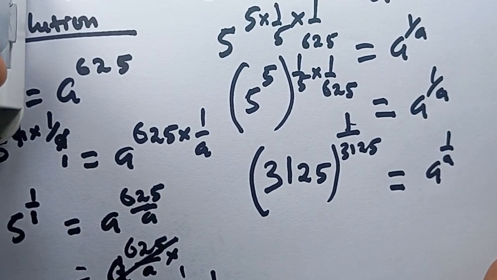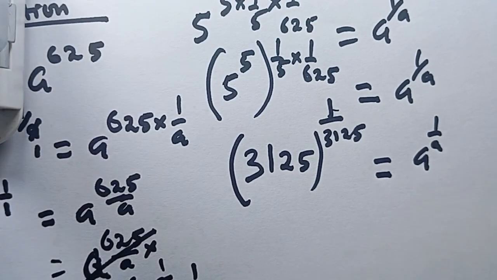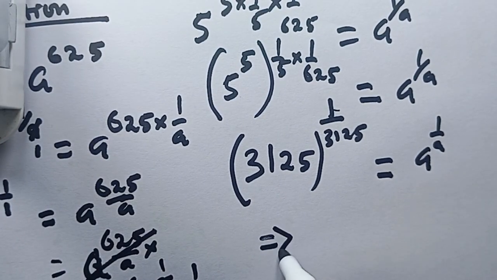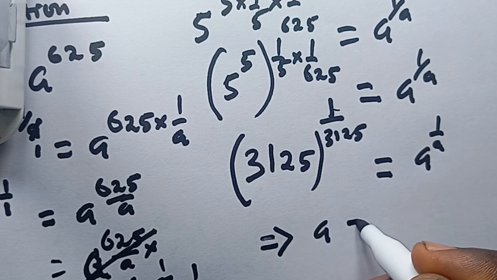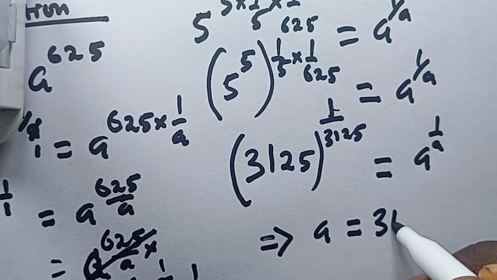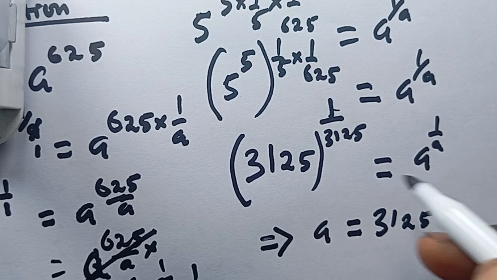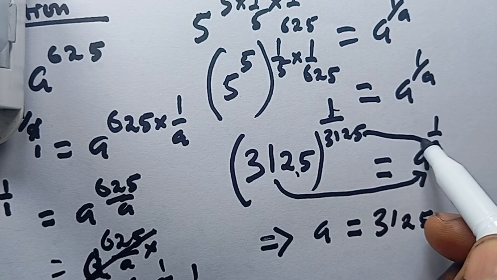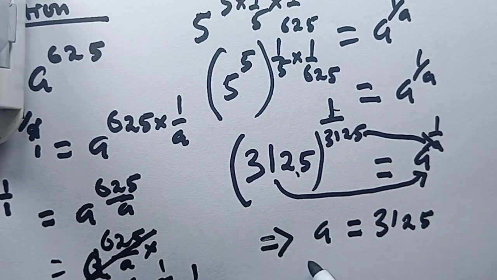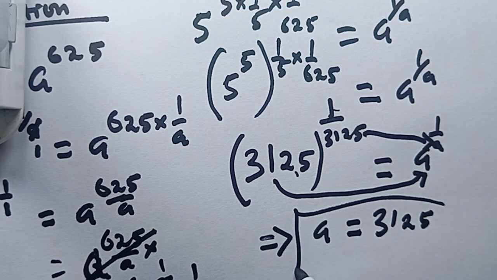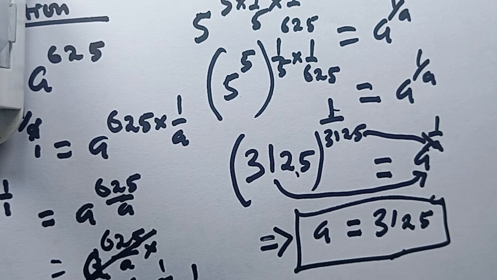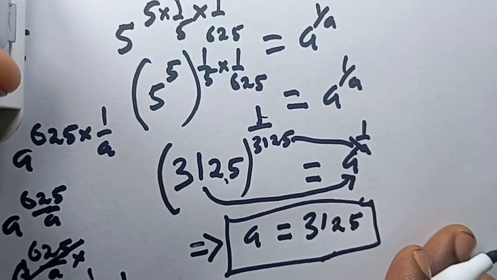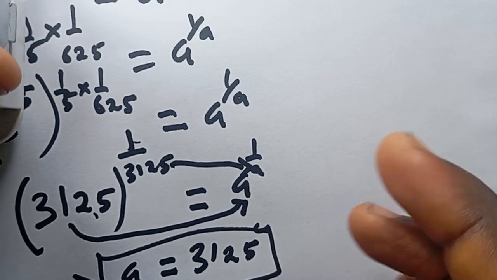We can go ahead to compare the two sides of the equation, which will imply that a is equal to 3125. You can see that this corresponds to this, and also this corresponds to this. So a is equal to 3125.